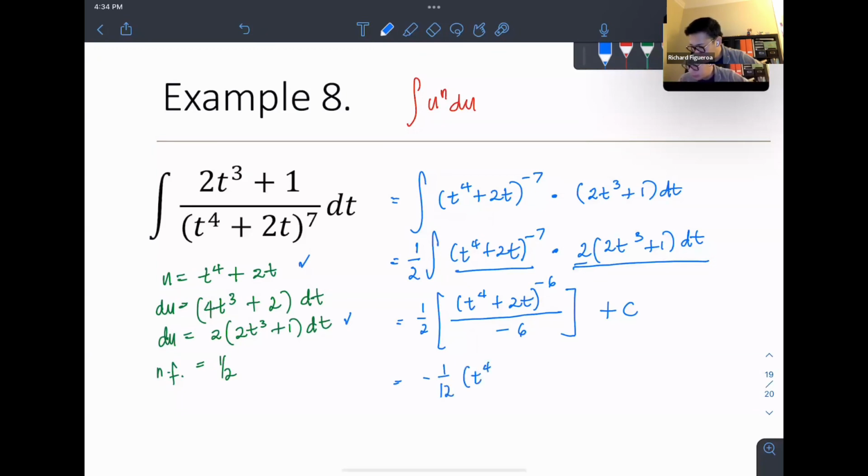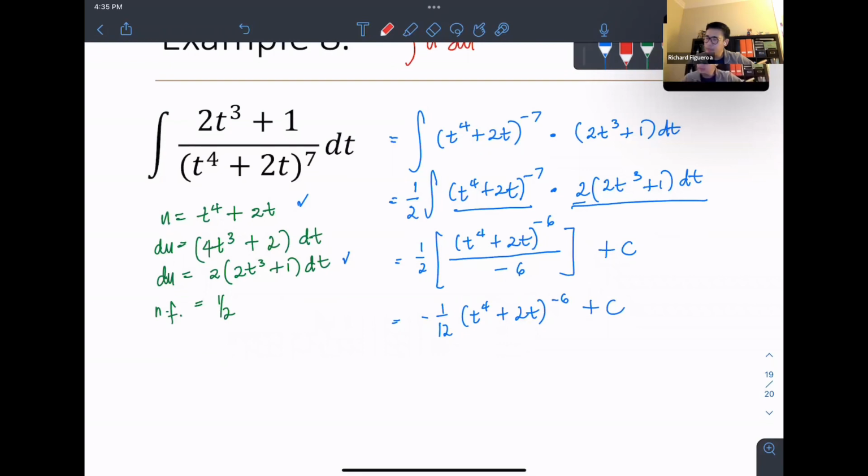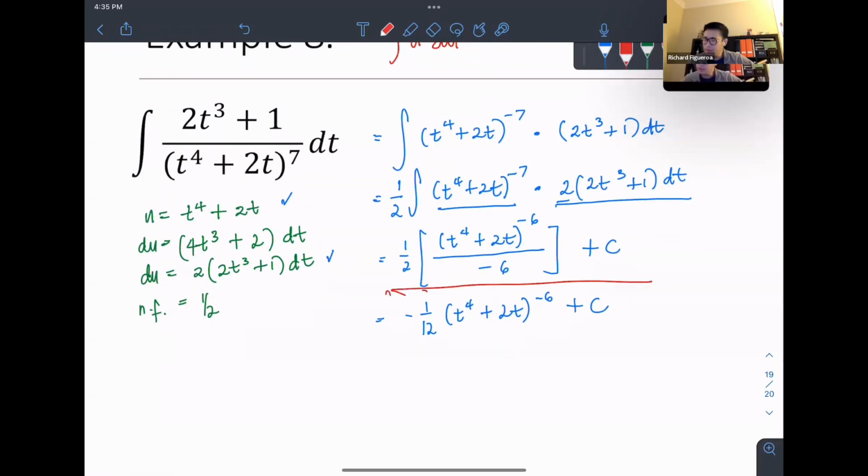So t to the 4th plus 2t raised to -6 plus c. So okay na tayo dito. You want to make it positive, so bring it down. Okay lang. So -1/12, t raised to the 4th plus 2t raised to -6 plus c.